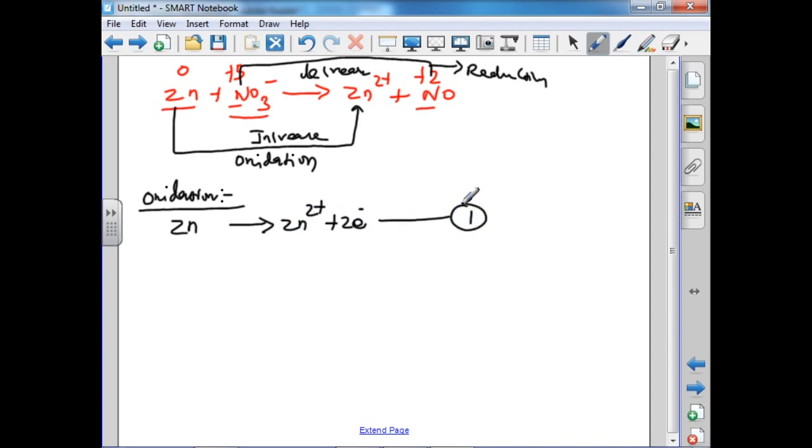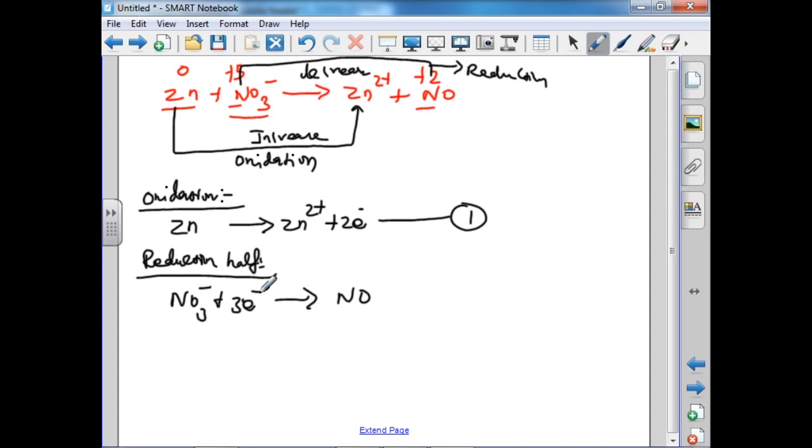Equation number 1. So the reduction half: NO3 minus gives NO. What is the difference? 3 electrons. So there is a gain of 3 electrons to form NO.